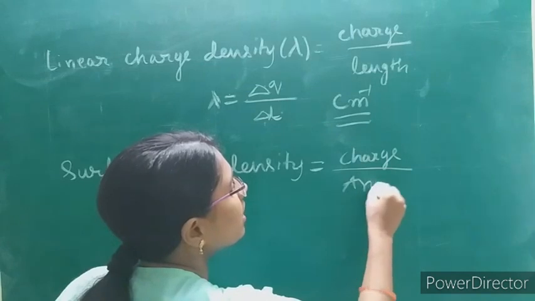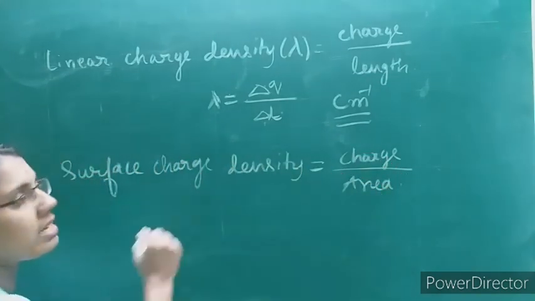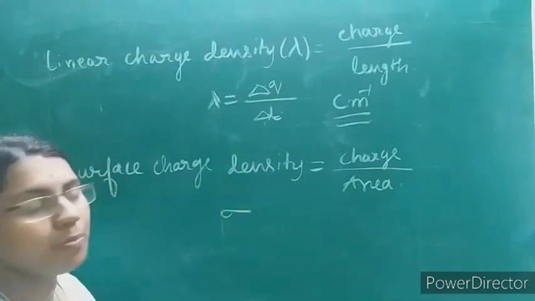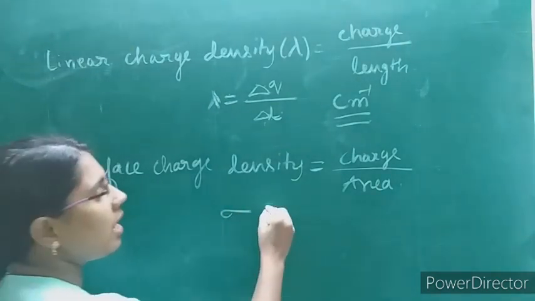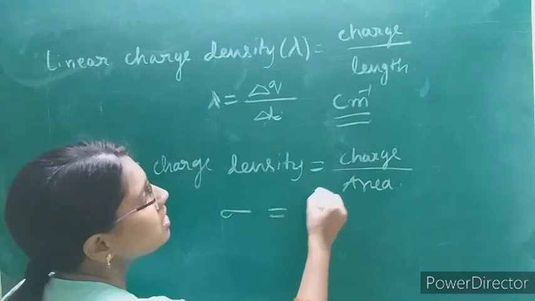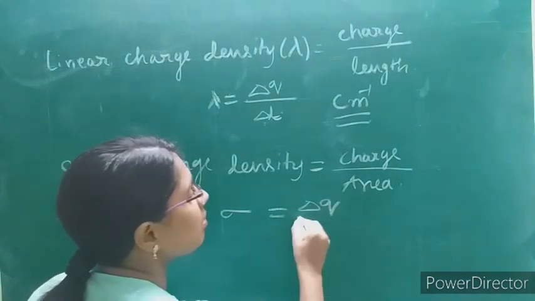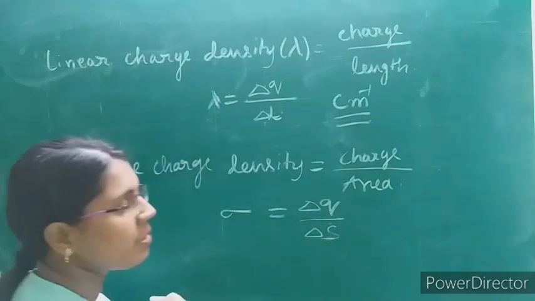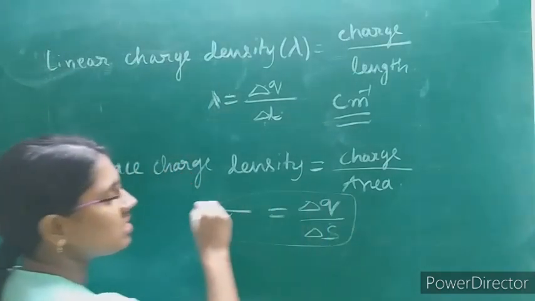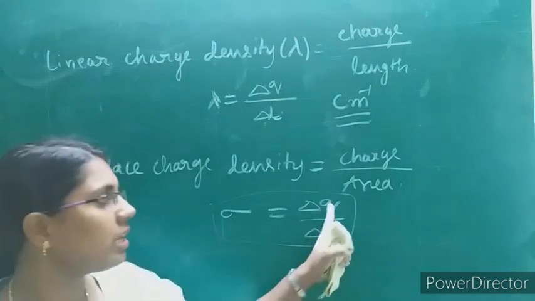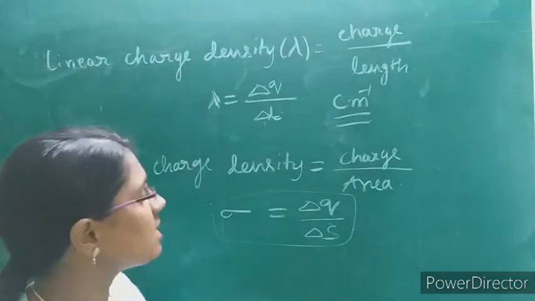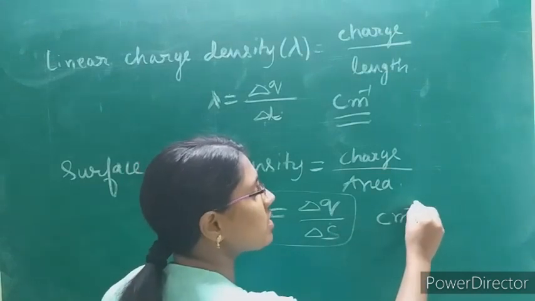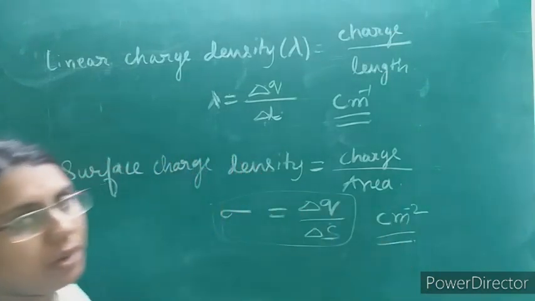Charge per unit area is called surface charge density, and this surface charge density is represented by the symbol sigma, and it is given by the expression delta Q divided by delta S. Okay, so the expression for surface charge density is sigma is equal to delta Q by delta S, and its SI unit is coulomb per, area unit is meter square, so coulomb per meter square.